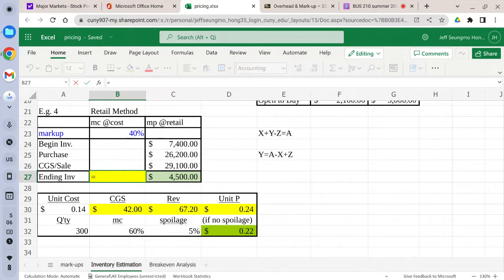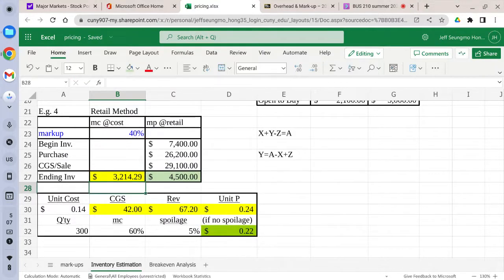If it is based on cost, the cost is price divided by 1 plus the markup rate based on cost.